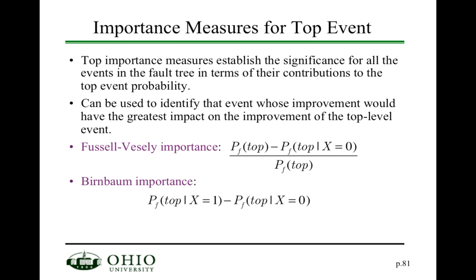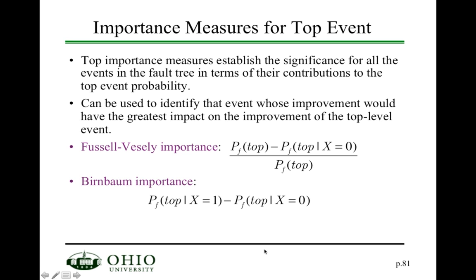Okay, so there's also, and I'm just going to touch upon this real quickly, I don't think it's that important unless you go into safety assessment professionally. In a lot of cases, you want to check how important a particular event somewhere in the tree is with respect to the top level event. So which of the events in the fault tree would have the greatest impact on improvement of the top level event?